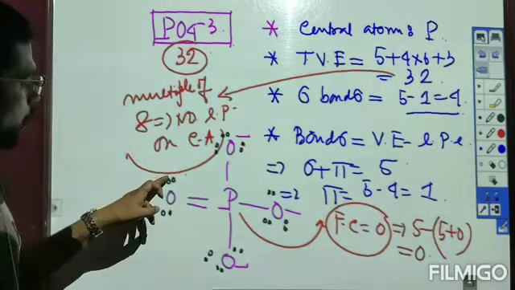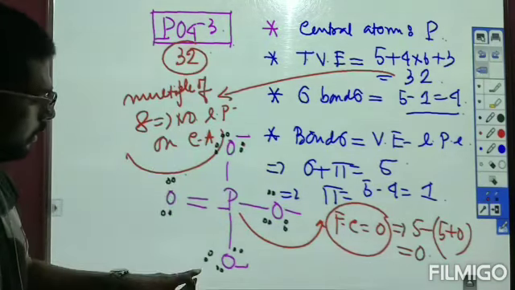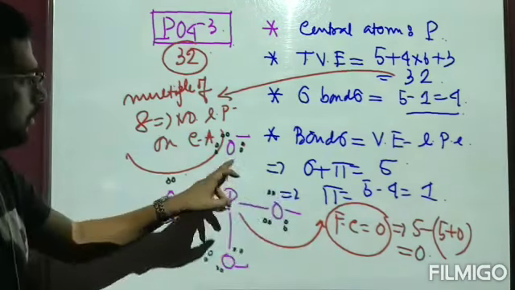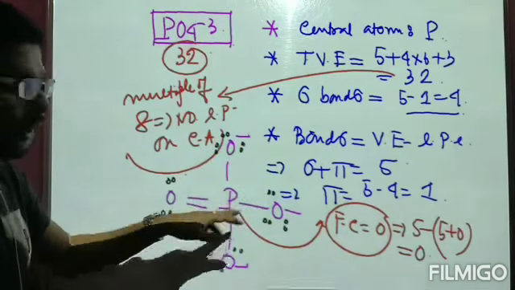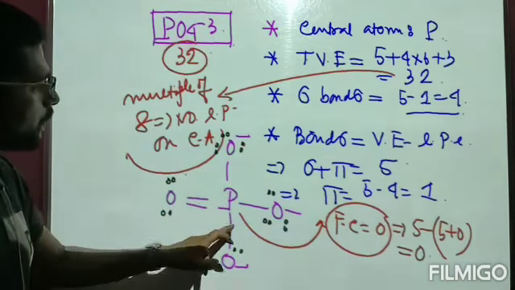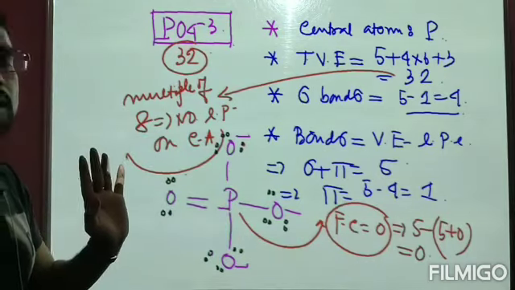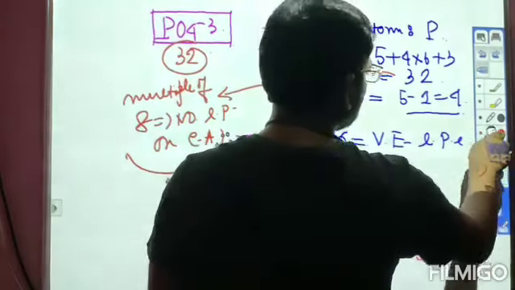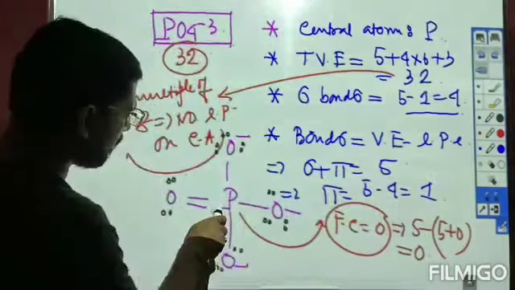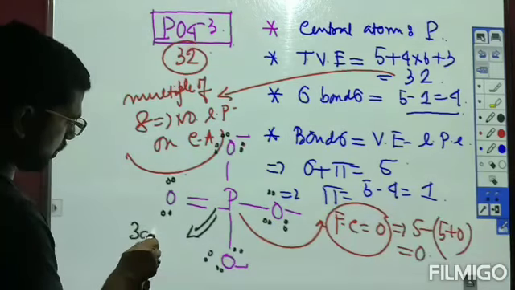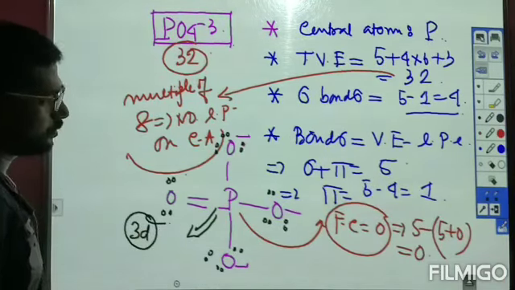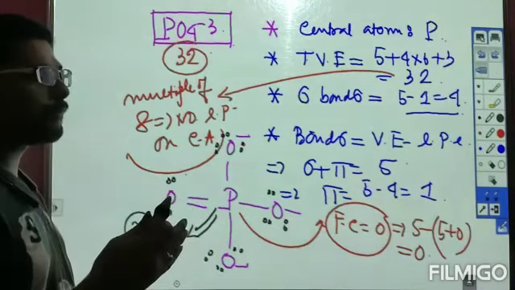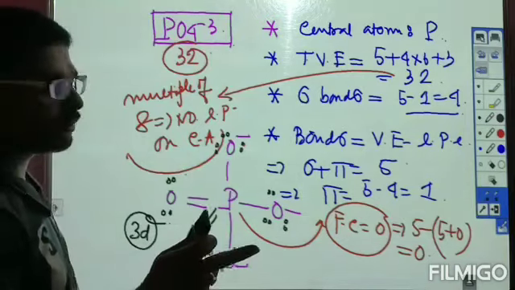Octet: 2, 4, 6, 8 fulfilled on each oxygen. How about phosphorus? 2, 4, 6, 8, 10. Alright. Phosphorus has 3d orbital, so it will have expanded octet.